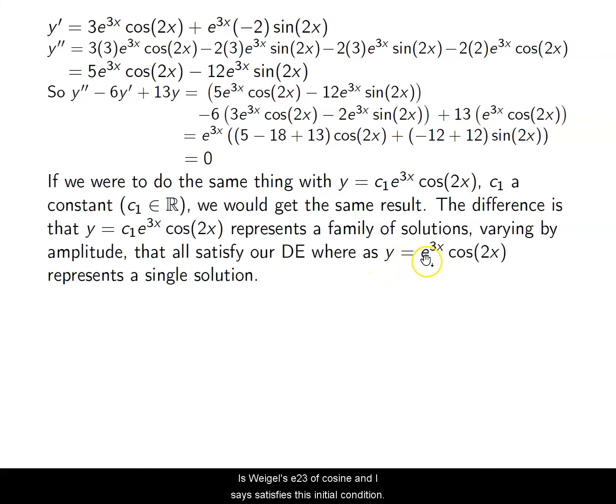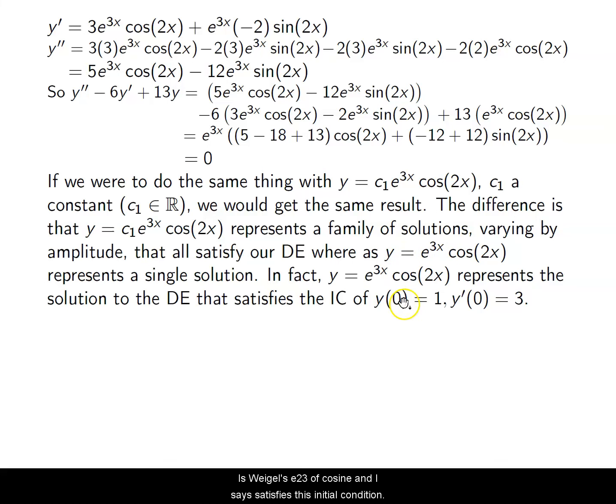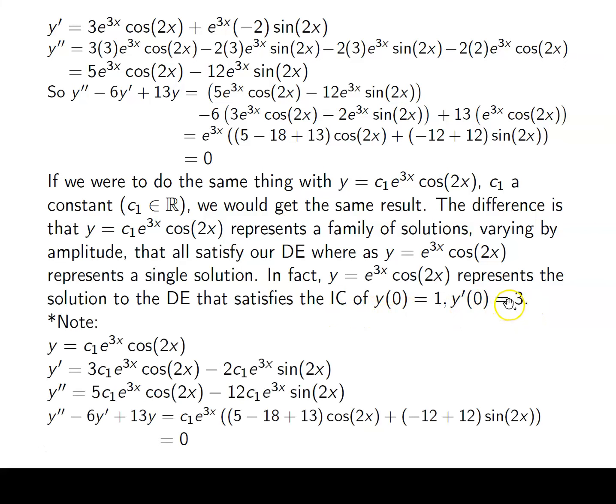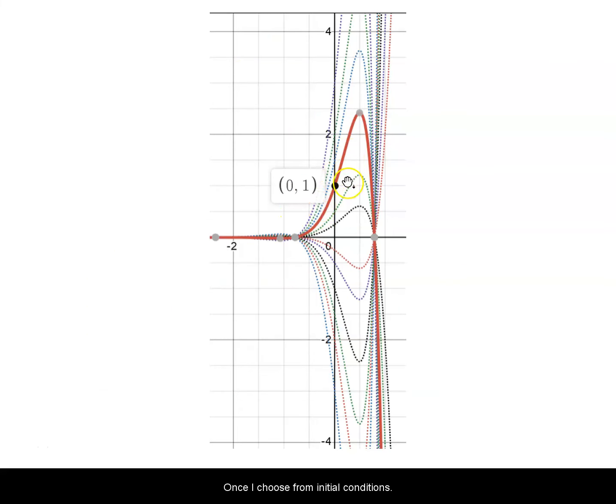This y equals e to the 3x cosine 2x satisfies this initial condition if I were to have specified that. Once I choose some initial conditions, I can narrow my infinite amount of solutions down to one specific solution that models whatever it is I need to model.